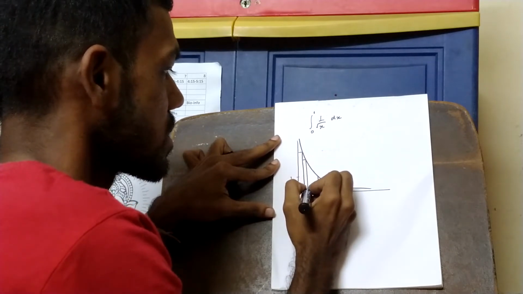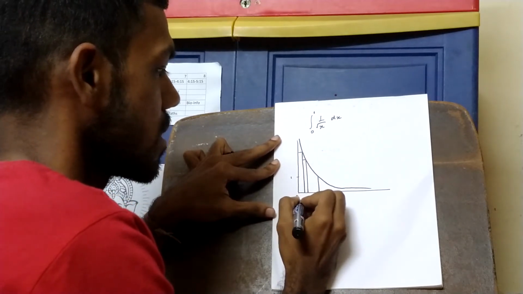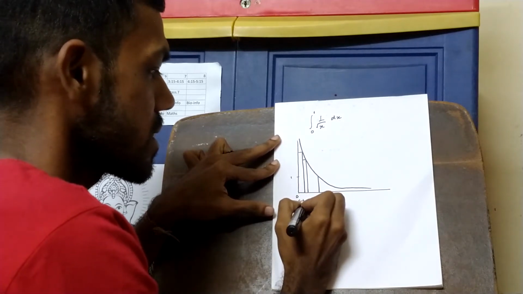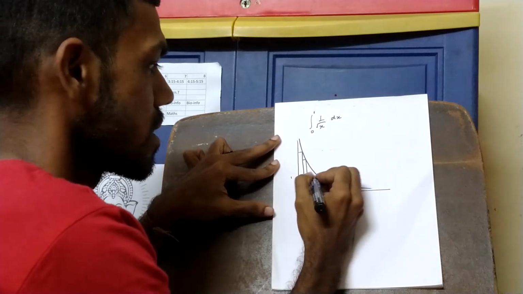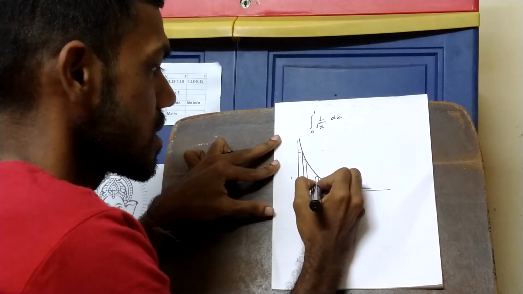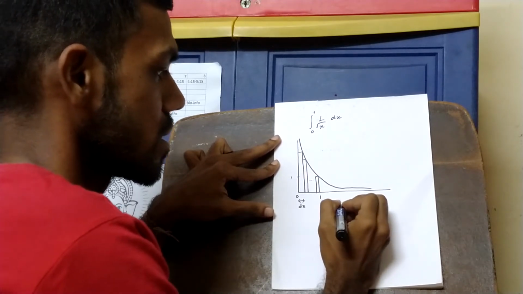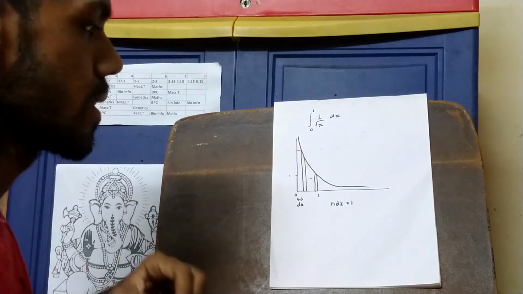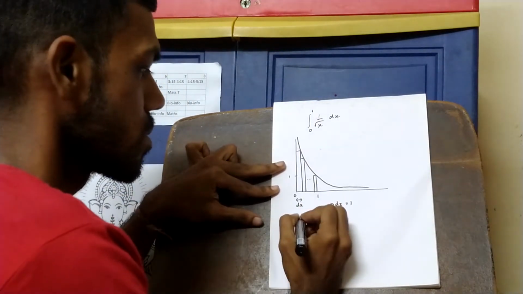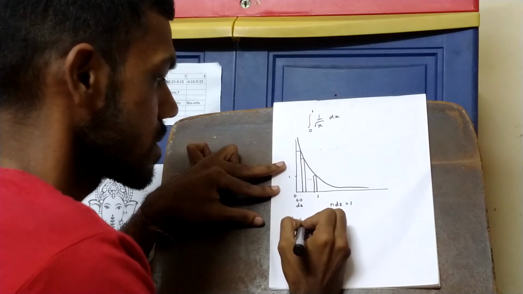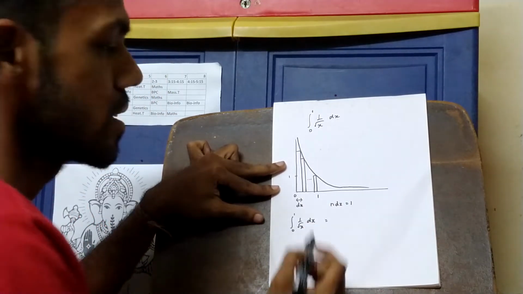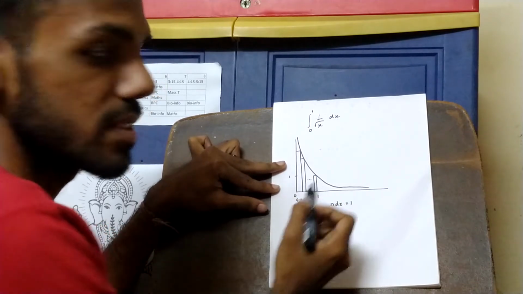During backward summation, we sum all the strips between 0 to 1 with the width dx and n such strips, n into dx being 1. So the integral of 1 by root x dx in the interval 0 to 1 is equal to the summation of the areas of all these strips.